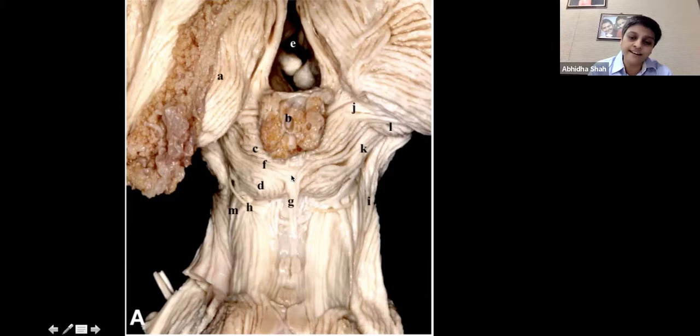Now there's a thin white layer that comes from this and extends down to the brainstem. This is the frenulum veli. And just lateral to it, you see this thin band that is emerging, and that is the trochlear nerve. Now, what are these fibers that are going up? This is the superior brachium. These are fibers from the superior colliculus as they go on to join the lateral geniculate body as part of the visual pathway.